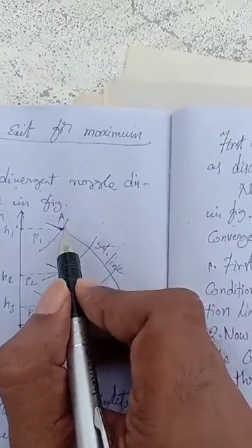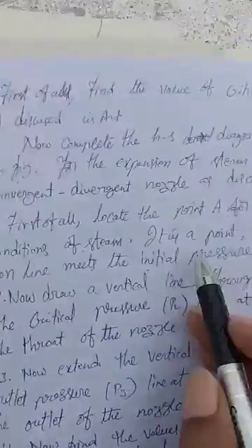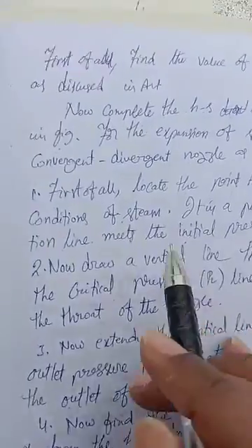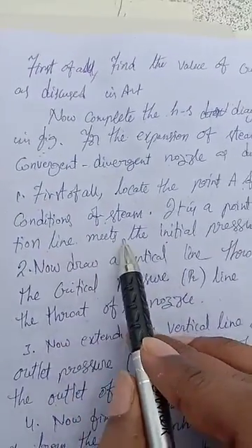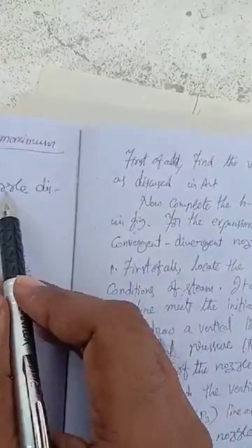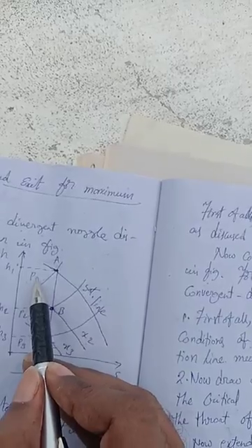So now this is initial conditions of steam A. It is the point where the saturation line meets the initial pressure P1. This is the saturation line where it will meet the P1.